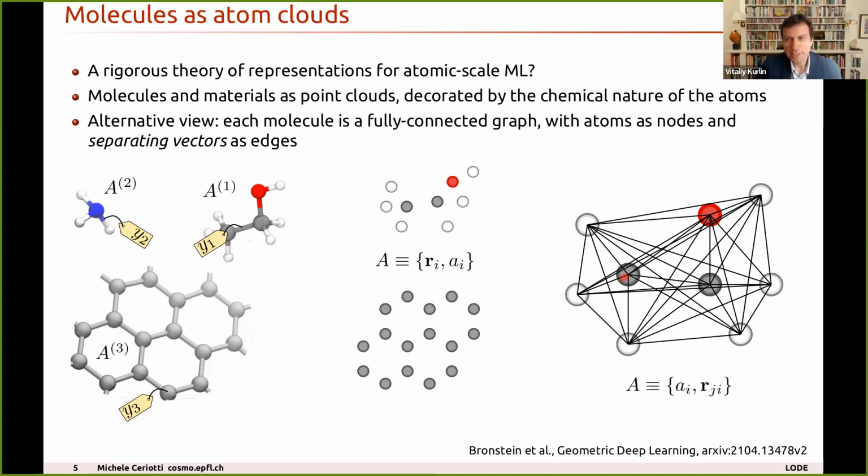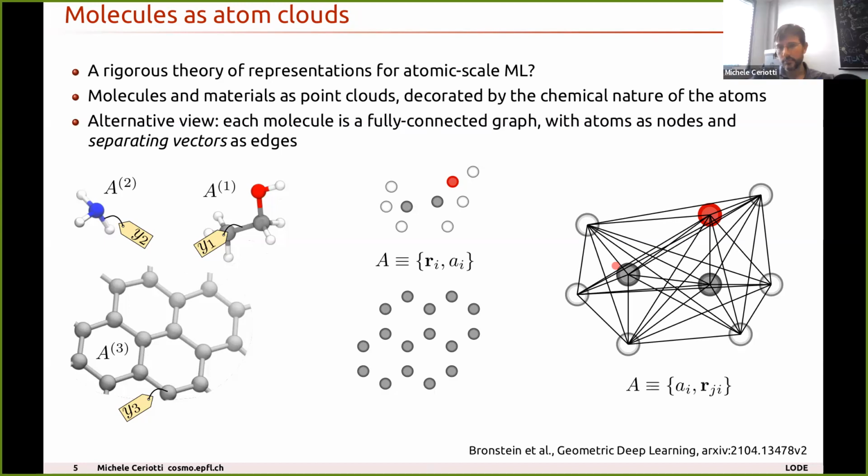Could I ask a question here? Of course. Since you mentioned molecules, well, we are still learning chemistry, but we already understand that atoms and molecules have strong covalent bonds. Yes. At least neighboring atoms. Yes. However, many databases of molecules, for example QM9, contain data in the form of a point cloud without this bond information.